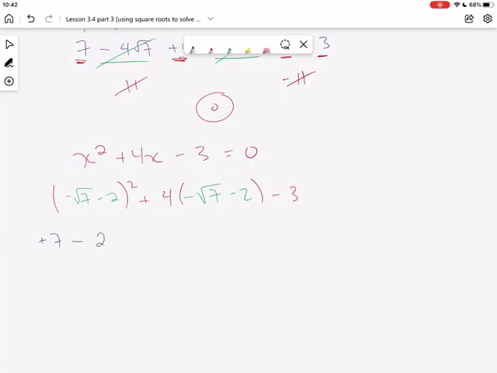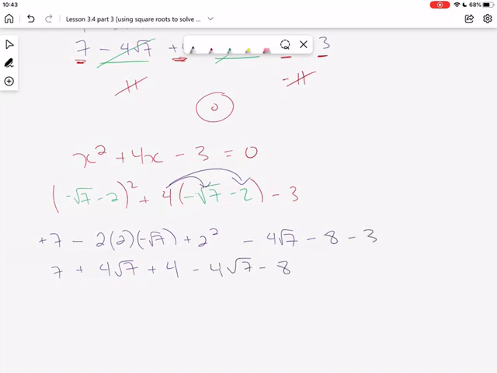Then I'm going to have minus 2 times negative root 7. So these will actually end up canceling each other out and just become positive. And I'm also going to have that plus 2 squared, that plus 4, right? It's going to look like that. And then when I multiply these guys, I'm going to get minus 4 root 7 minus 8 minus 3.